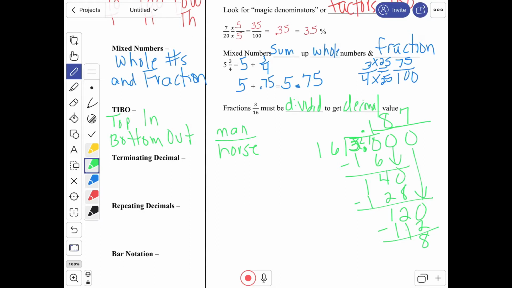There has been nothing repeat, no patterns, so we're just going to keep going. 16 goes into 80 5 times. Nothing left over, finally. So 3/16 is equal to decimal 0.1875. This is called a terminating decimal, when everything divides out perfectly.